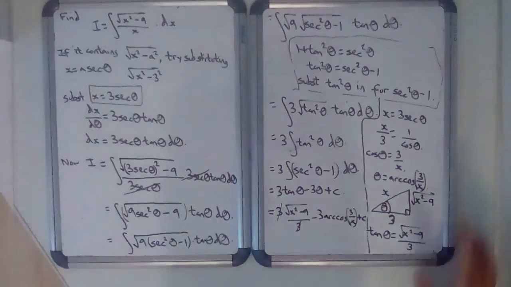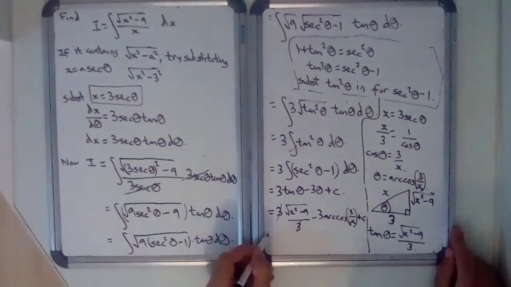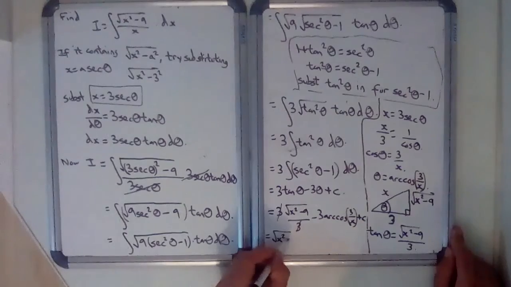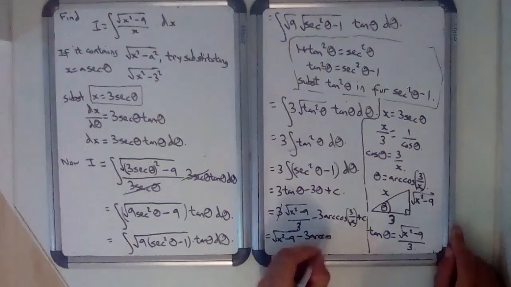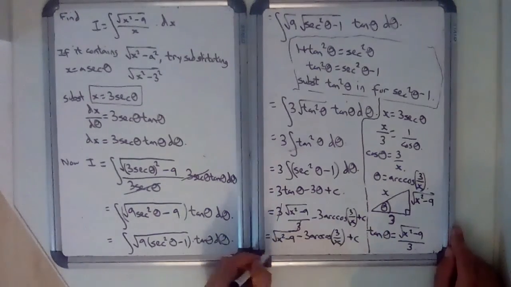So our final answer, just taking into account this cancelling, equals square root of x squared minus 9 minus 3 arc cos 3 over x plus the constant of integration.